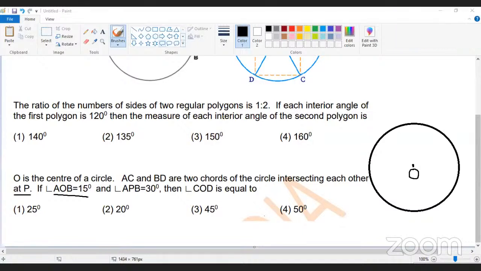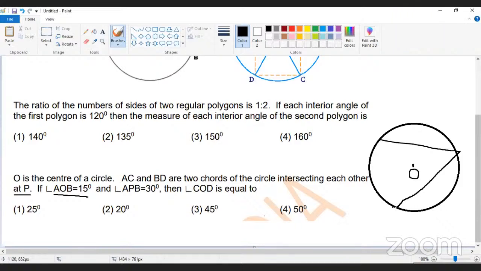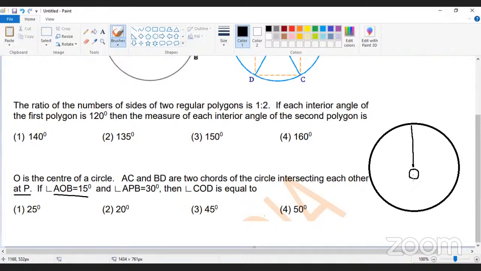I was saying, you can draw one chord on top of O, and then the other one on the right side of O. And then where they intersect, that's P. Okay. So can we make it like this? No, not like that, sir. A straight line on top of O, like this or like this?